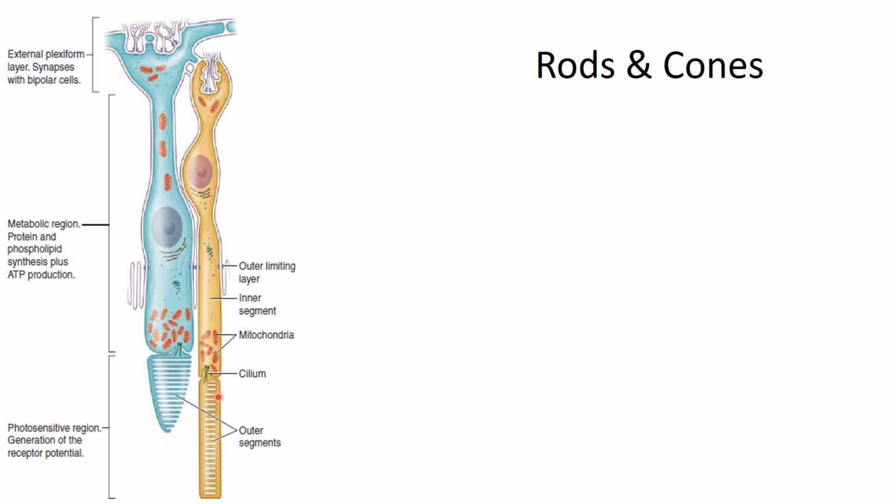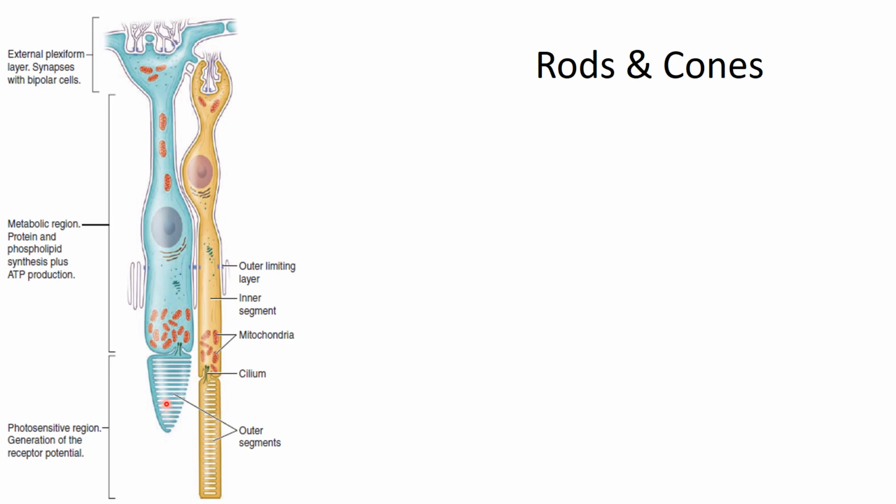And these membranous discs are continuously shed from the end, and they are phagocytosed by the pigment epithelial cells, as we have already discussed regarding the phagocytosis function of these cells.